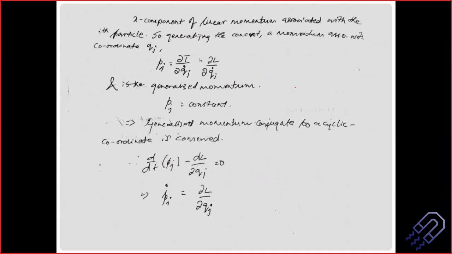And then I'll just add to this generalized momentum. So whatever we have derived, we can see that the x component of the linear momentum associated with the ith particle. If we want to generalize the concept, we can say that Pj is equal to del T del Qj dot, which is equal to del L del Qj dot. Again, don't get confused here.